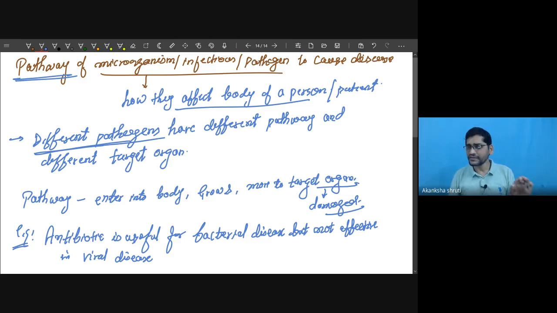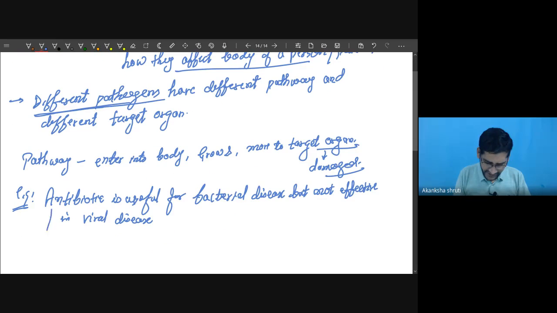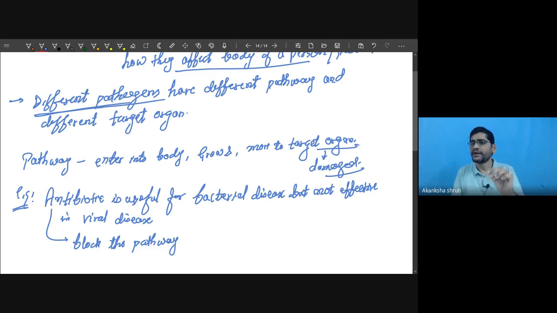Why? Because bacteria have a different pathway or different method of growth. So what this antibiotic does is it blocks the pathway, meaning the growth of the cell wall by the bacteria over the individual cell of the organism.